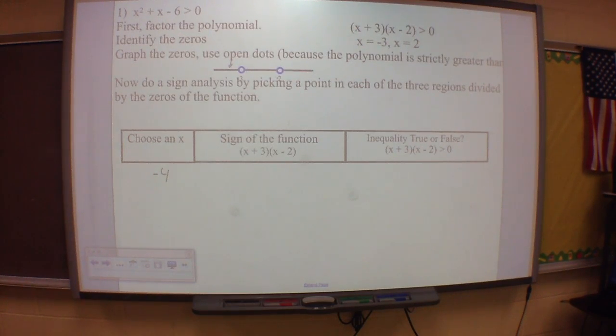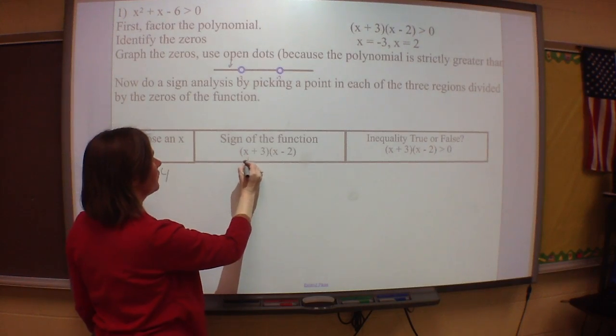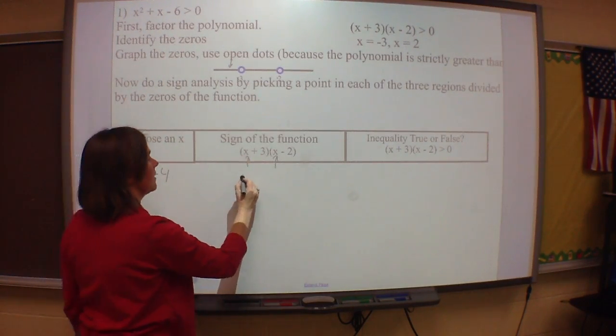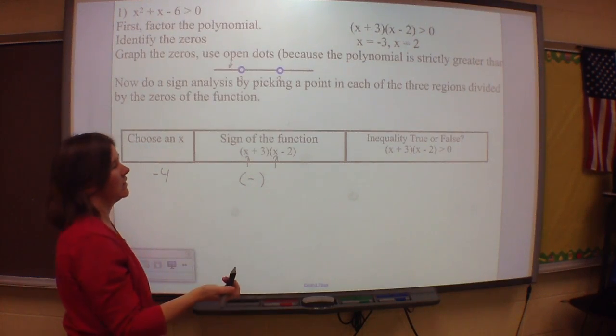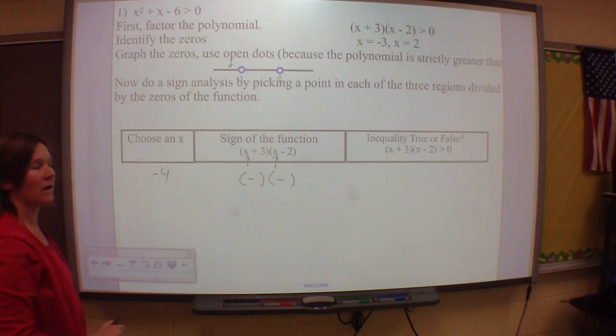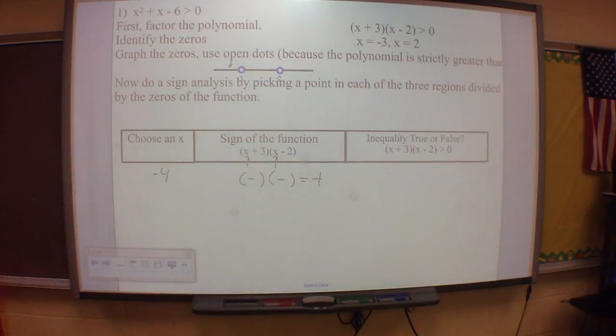Then we check the sign of that inequality. If I plug in a negative 4 for my x, in the first factor I have a negative, and I don't even need to know what number it is. In the second I'll have a negative. A negative times a negative is a positive. Is a positive number greater than 0? That is true.